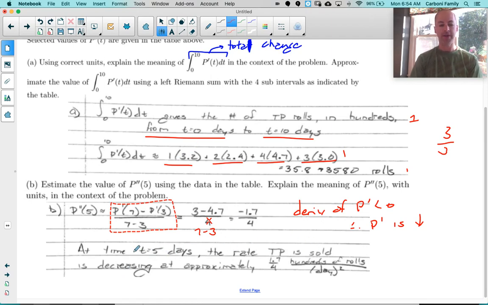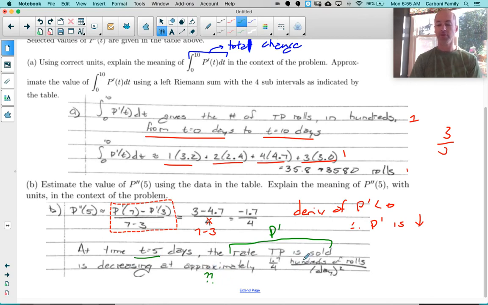So I had to write at time t equals 5, and this goes back to including all values. We're approximating the slope at 5, so we need to specify at time t equals 5 the rate that toilet paper is sold. That is just a wordy description of p prime is decreasing at approximately, and I'm not sure if the word approximately is needed, probably not. They're usually not that picky.